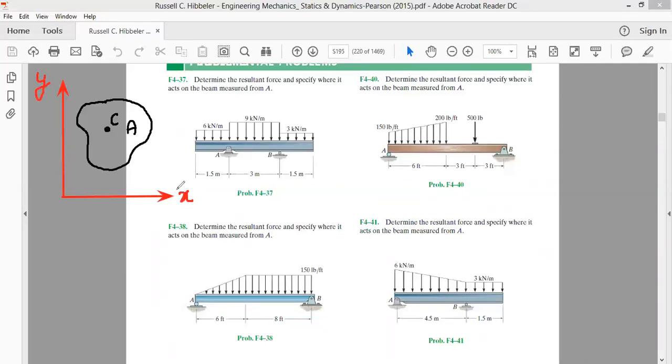If this is our x-axis and this is our y-axis, then the mathematical definition for the centroid is as follows. The centroid is at some distance from the x-axis.